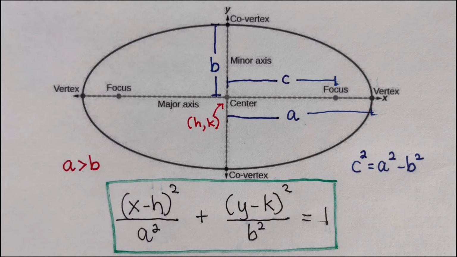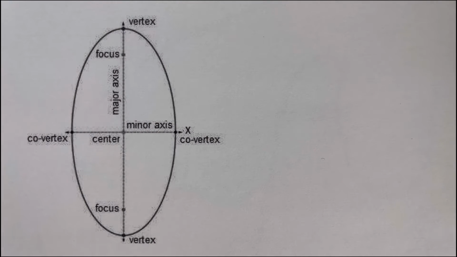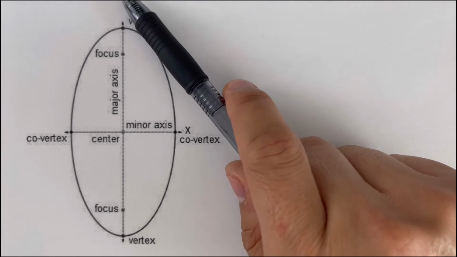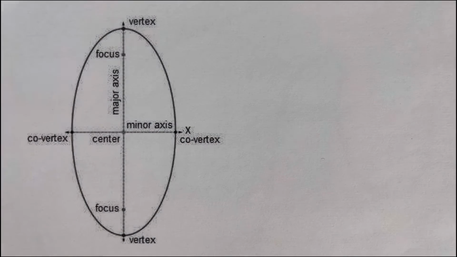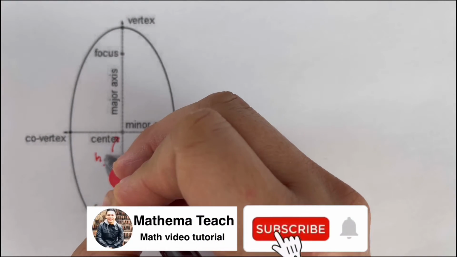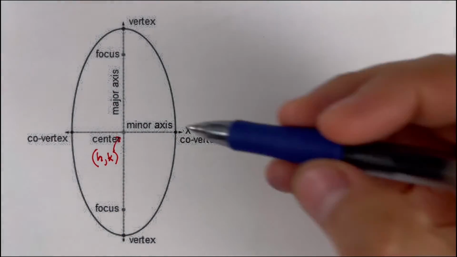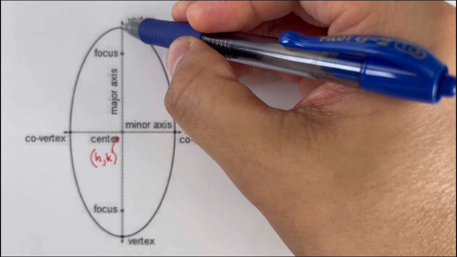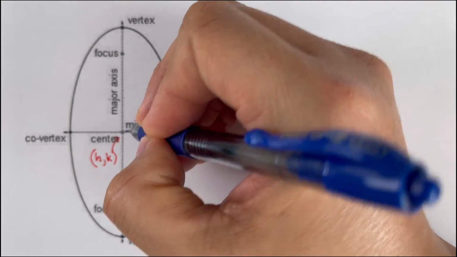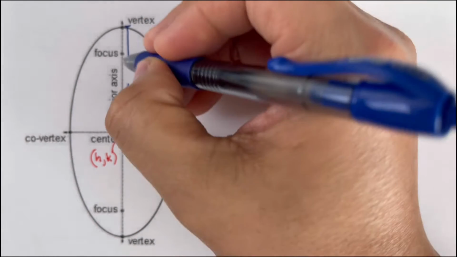Now let's move on to the second case of the ellipse. The second case is whenever the ellipse is elongated along the vertical axis. We can therefore say again that our center is represented as (h, k) every time. So that's (h, k). And then the distance from the center to the vertex will be represented as letter A. So letter A doesn't have to be along the horizontal every time.